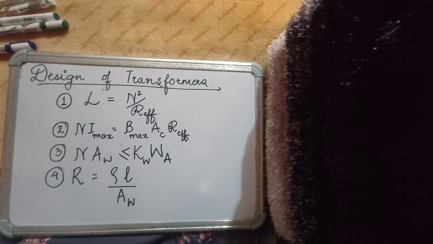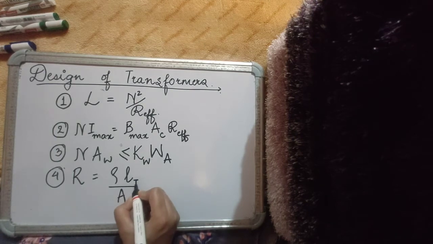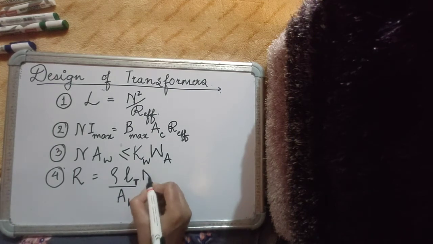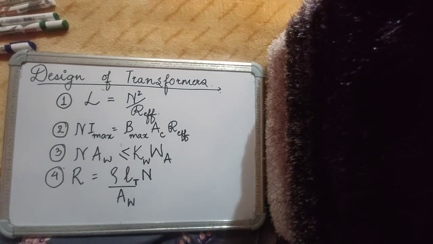If you want to use a term that is more relevant to the geometry of the core, then we can use length per turn times the number of turns, because the length per turn will of course depend upon the width of the limb of the core.